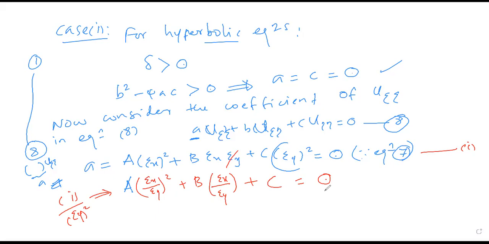Shall I continue? Keep this equation. In the proof, we have found dy over dx, which we have taken as minus zeta x over zeta y. Again, dy over dx also equals eta x over eta y. So we can substitute that here.